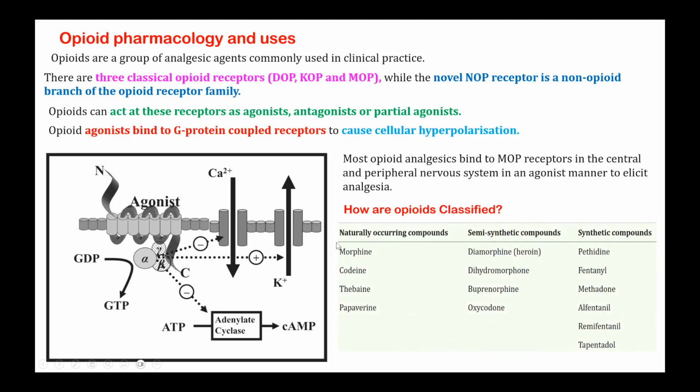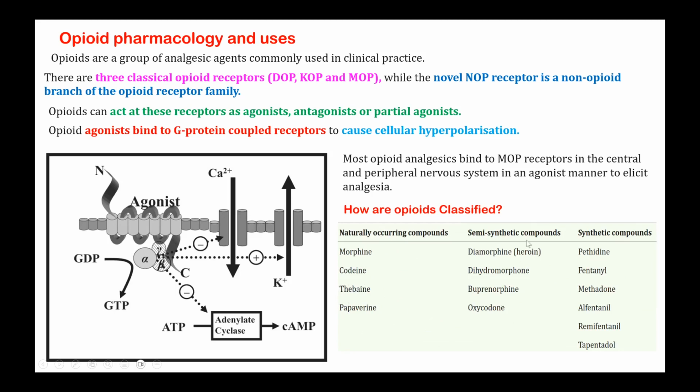The common naturally occurring example is morphine, which is derived from Papaver somniferum, an alkaloid plant from which it is extracted. And you have codeine, thebaine, and papaverine, which are also naturally occurring opioids, but the thebaine and papaverine have more actions on the vasculature rather than on the analgesic component.